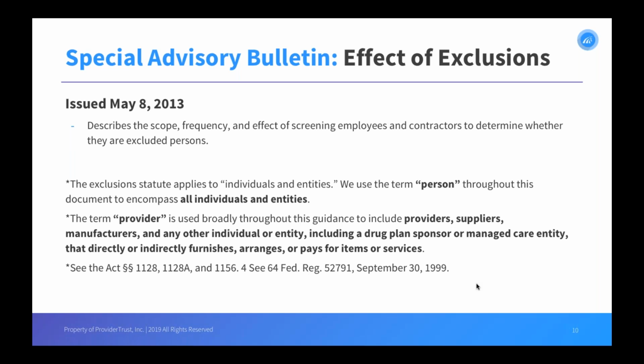When you dig a little deeper, the term provider within the statute, as the OIG interprets it, is used much more broadly, and it talks about providers, suppliers, manufacturers, drug plan sponsors, managed care entities, and, quote, those who indirectly or directly furnish, arrange, or pay for items or services. That is a very broad definition.